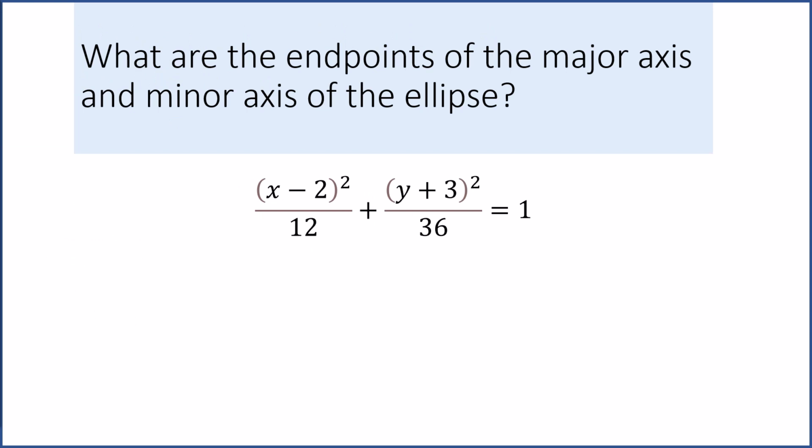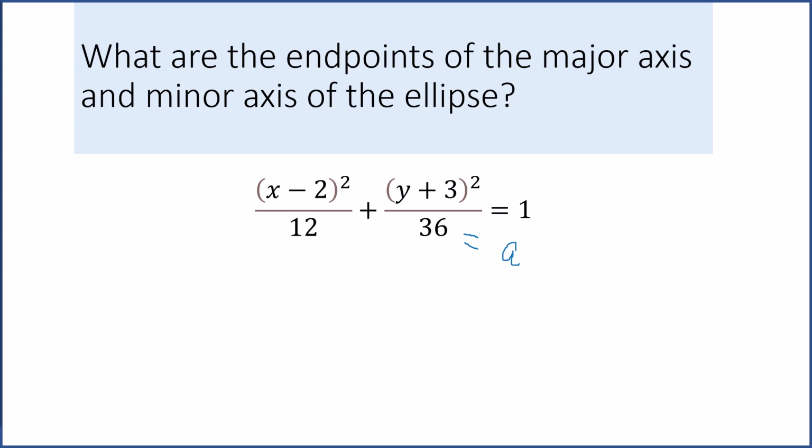All right, what are the endpoints of the major axis and minor axis of the ellipse? We're going to find the length of each major and minor axis, and add that length to the x and y values of the center, just like we did previously. Which one is going to be a? Remember, a goes with the larger denominator.